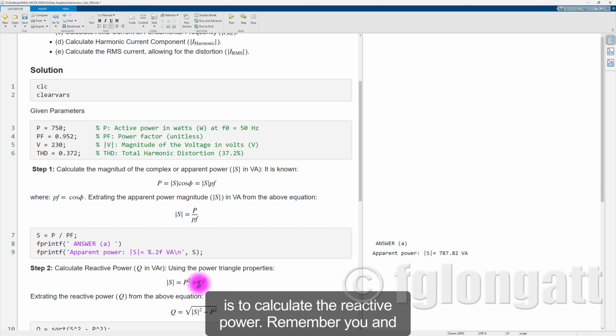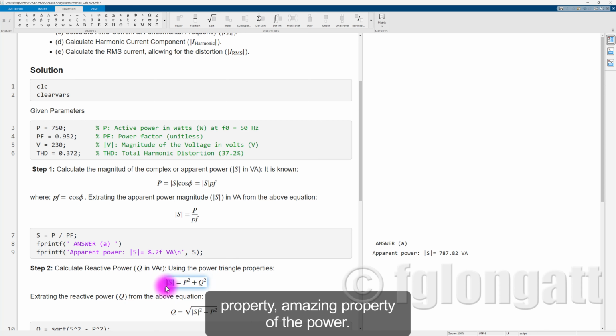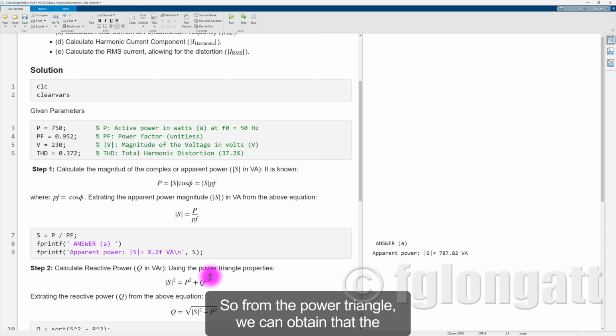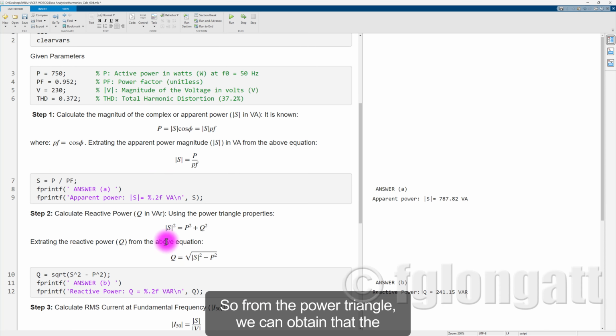The next step is to calculate the reactive power Q, and Q can be obtained from the very interesting property of the power triangle. From the power triangle, we can obtain that the reactive power will be the square root of the square of the apparent power minus the square of the active power.